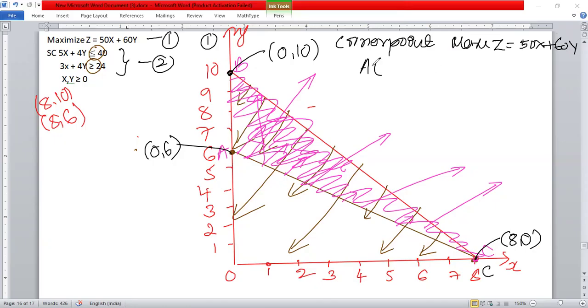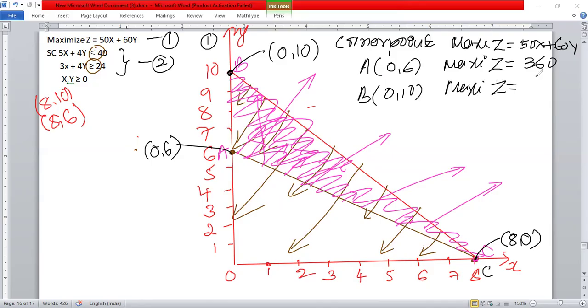So A corner point 0,6. So maximize Z is equal to 360, and B corner point 0,10. So maximize Z is equal to 600, and C corner point 8,0.